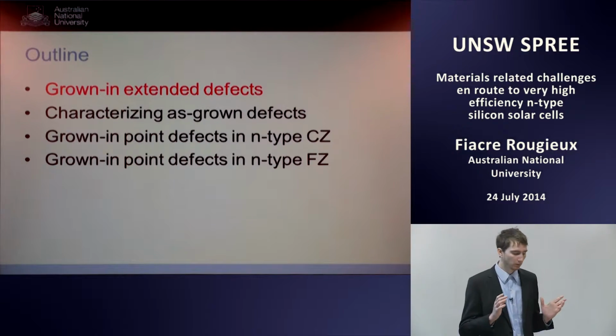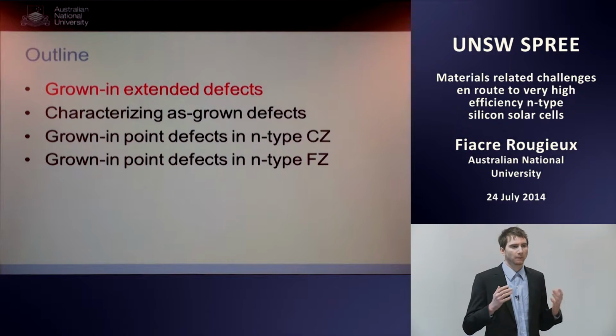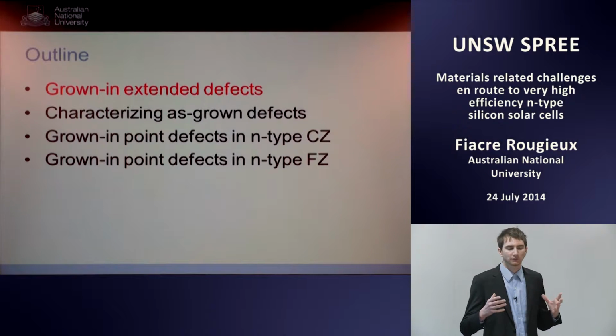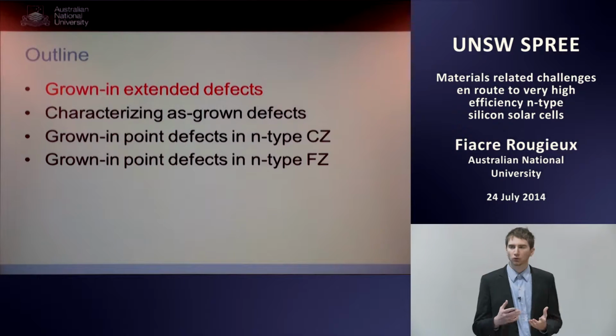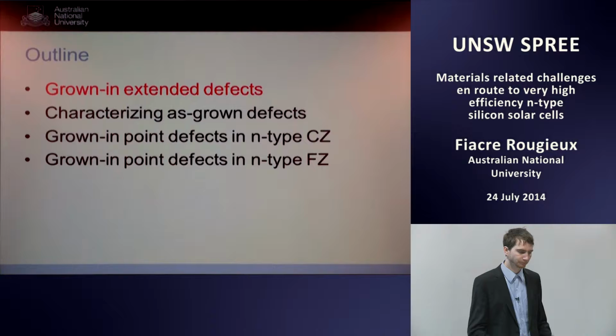For N-type monocrystalline silicon, we don't have boron, it's monocrystalline, and there shouldn't be much iron in there. So really, the question is, what are those defects present? We can think that the defects that are going to limit the lifetime are going to be created during the growth of the ingot. So we're going to talk here about grown-in defects.